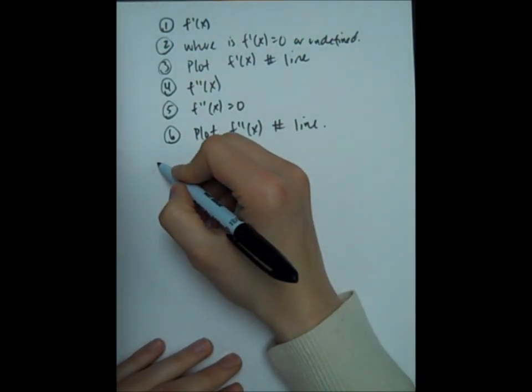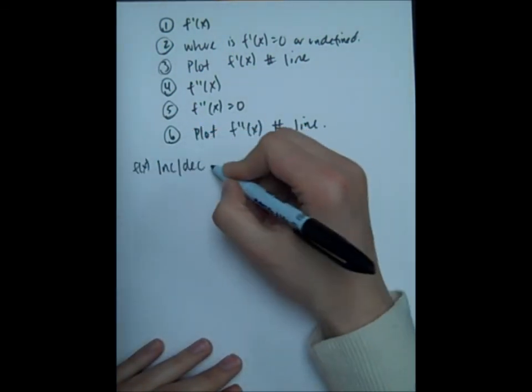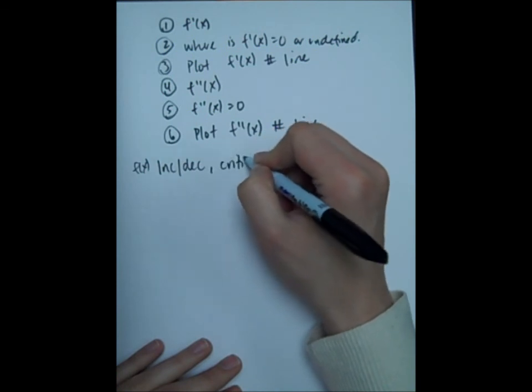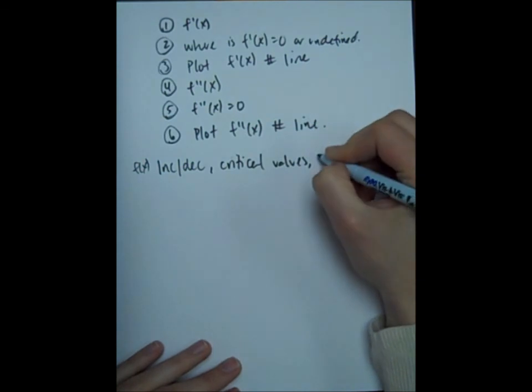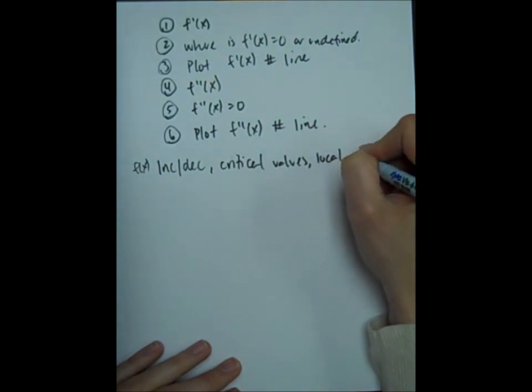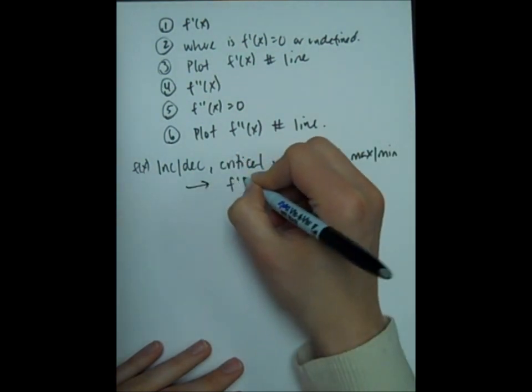If we're looking for where f of x is increasing, decreasing, critical values, what else do we do? Also local maxes and mins. All of these, you're going to look to the first derivative.